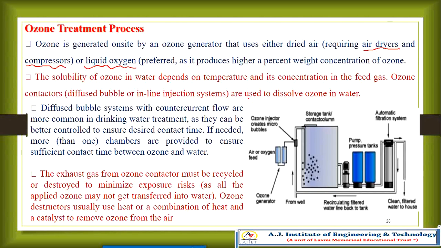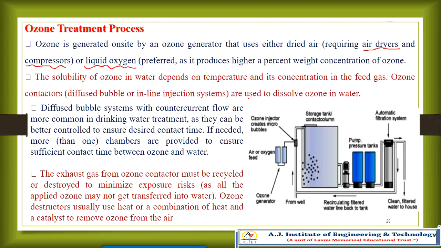In the figure you can see the inline injection system or diffused bubble. These contactors are used to dissolve ozone in the water. Ozone has to dissolve in the water, and for that we use a diffused bubble or inline injection system.